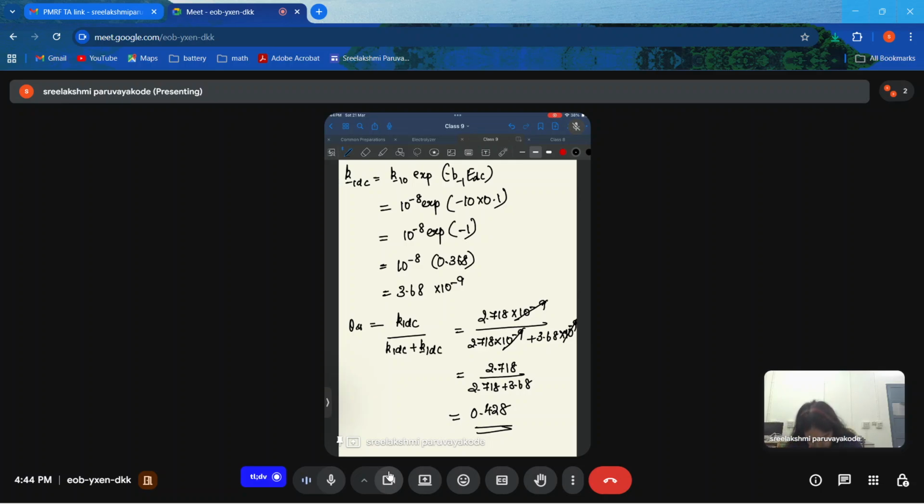In the question, it is given that the answer should be between 0.4 and 0.44. So yes, my answer is between those two values. So this is okay.